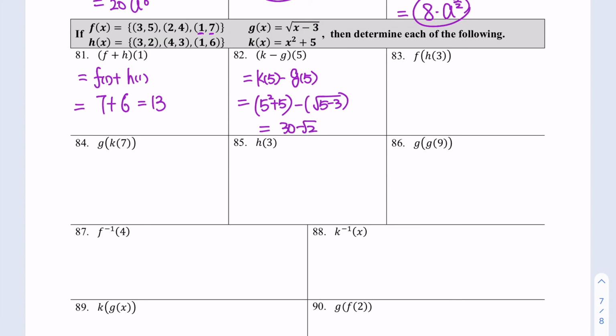f of h of 3: first we have to evaluate h of 3. So h of 3 equals 2.